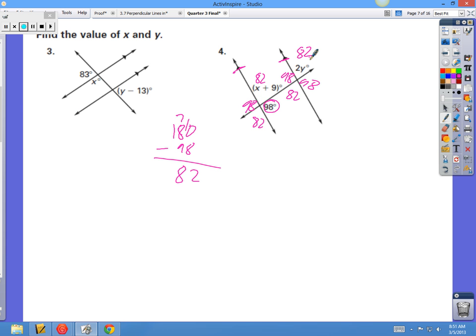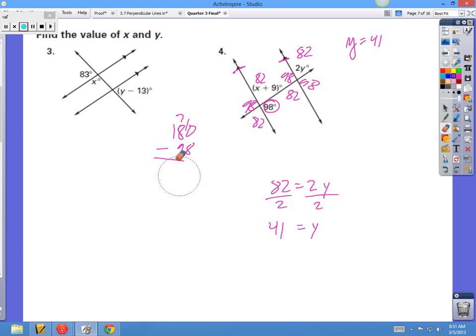So now to find y, let's find y first. If you know that 82 is equal to 2 times y, y has got to be equal to 82 cut in half. So y has to be equal to 41. So there we go, y equals 41. And now let's see if we can find x.